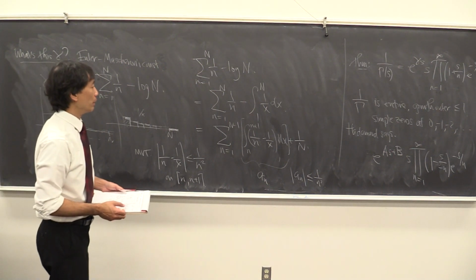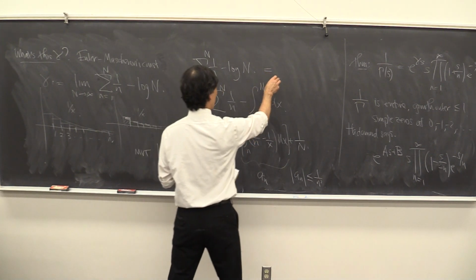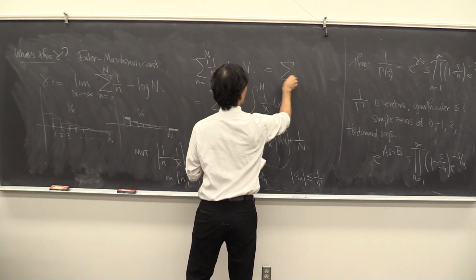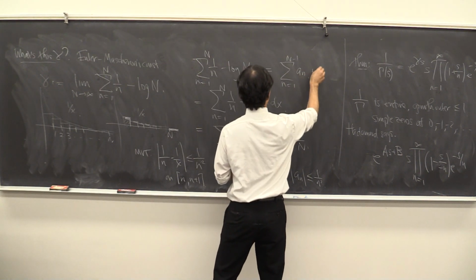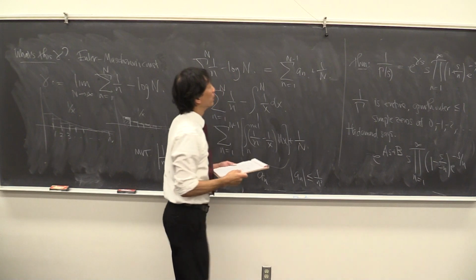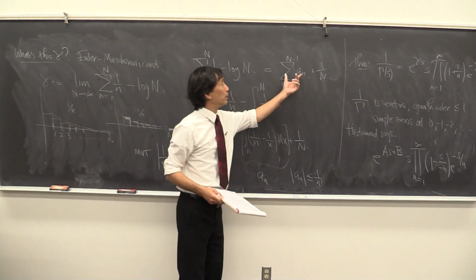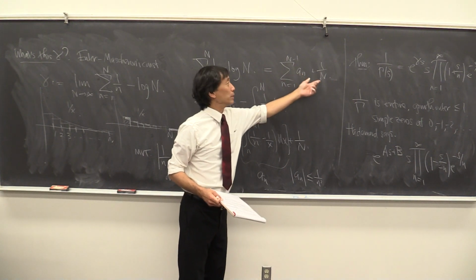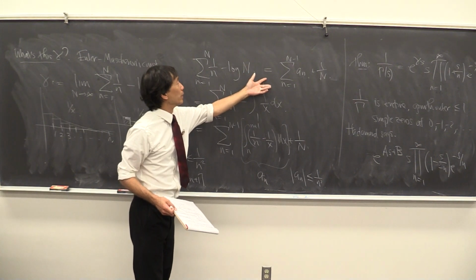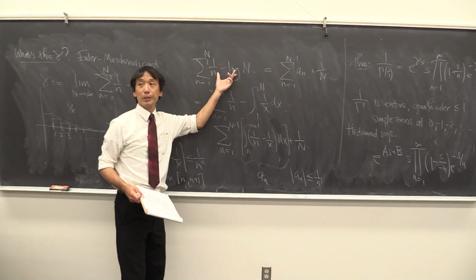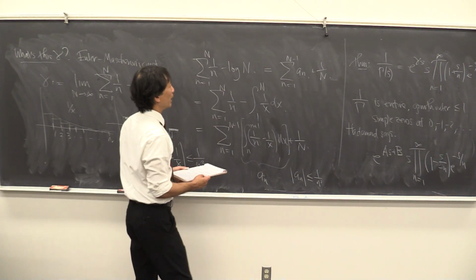So this thing looks like some sum of terms plus 1 over capital N. As N goes to infinity, the 1 over N goes to 0, the sum converges, and so this also converges to this number gamma.